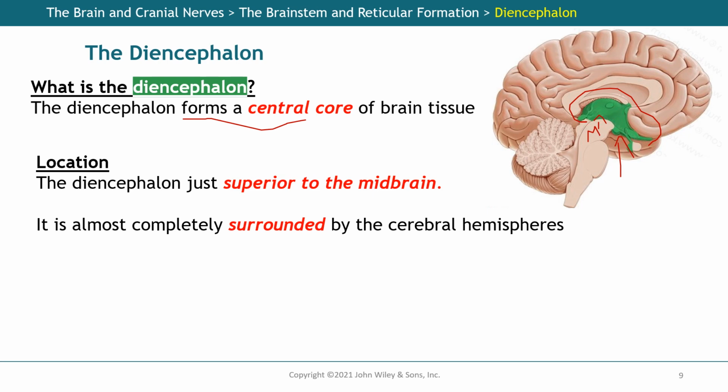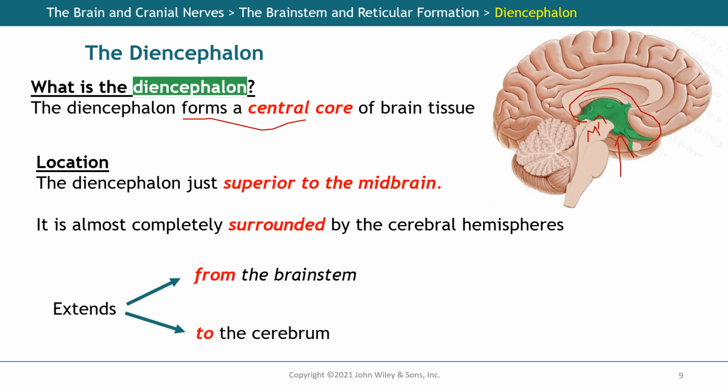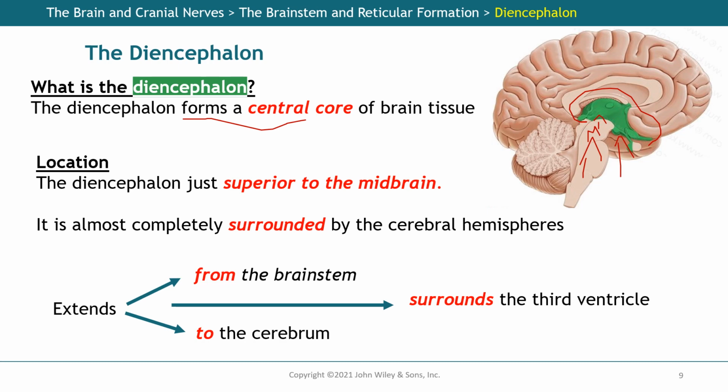If you want to see in more detail where it is located, it goes from the brainstem to the cerebrum, and in particular it is surrounded by the third ventricle, as we studied before.